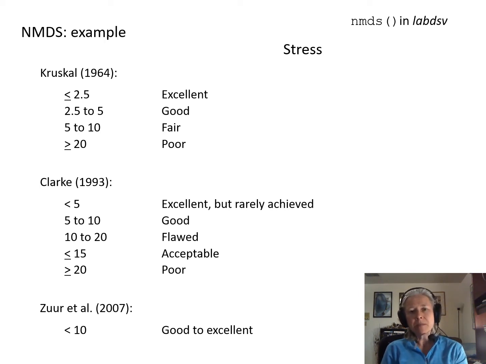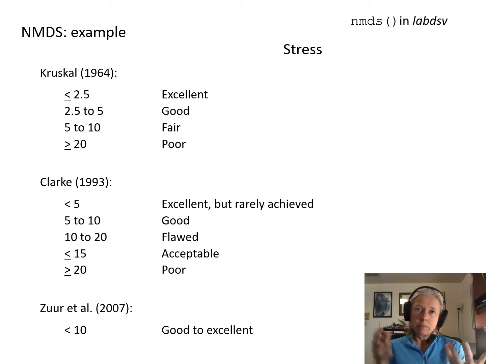So that may seem disheartening, but most good, meaning tidy and interpretable, ecological community data sets have solutions of stress between 10 and 20. So these rules of thumb tables that I have in the online notes are really based on statistics and not on biology.